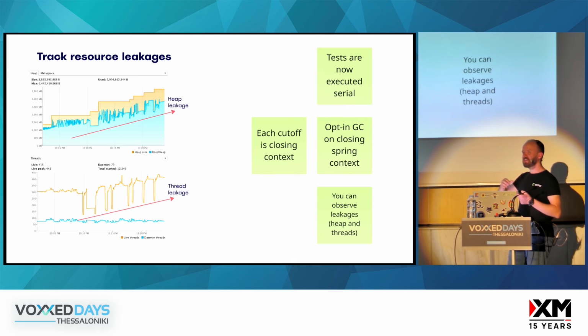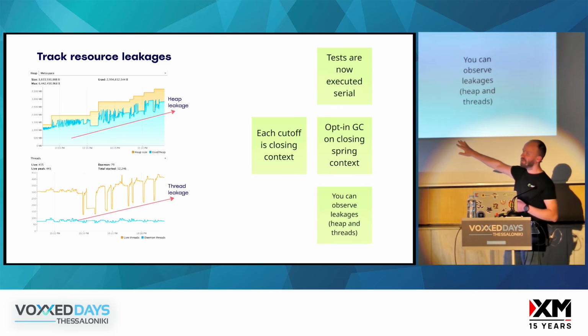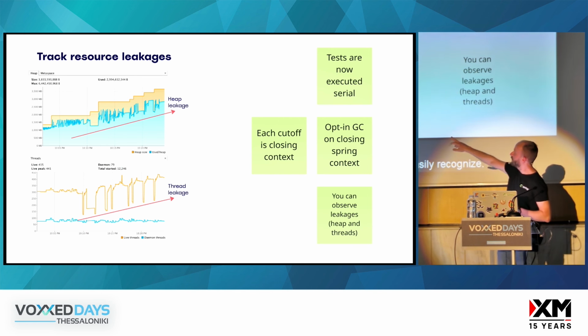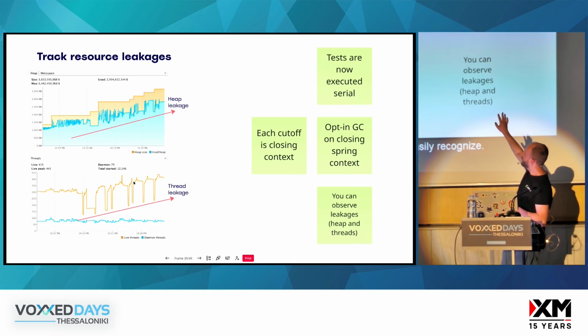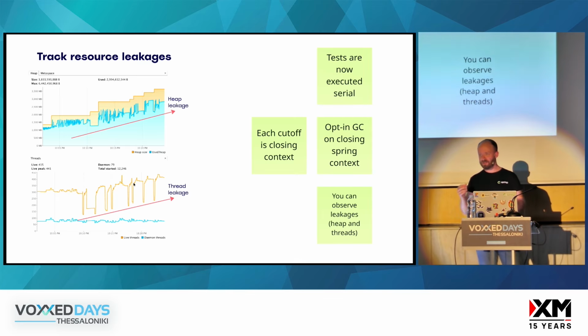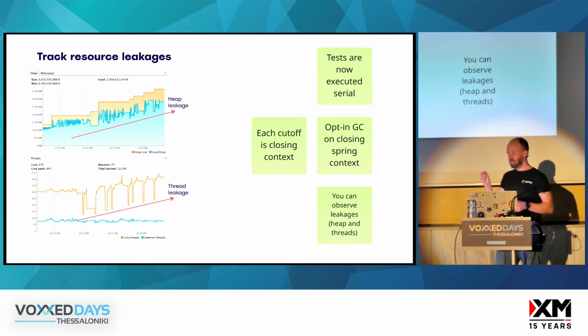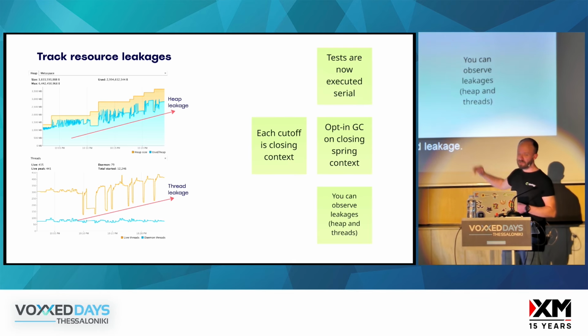We have some kind of serial Spring context switching one by one, and now we can easily recognize that all those drops down are closing Spring context. But you see there is an upcoming trend, which means there is a thread leakage, which is better to fix because this can be a sign of a production bug, but at least you can optimize your integration test environments.